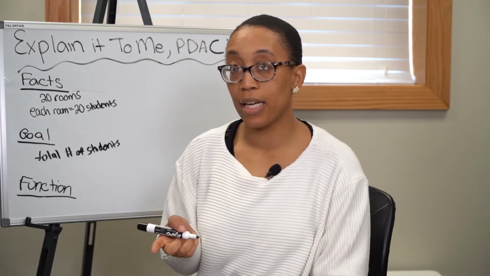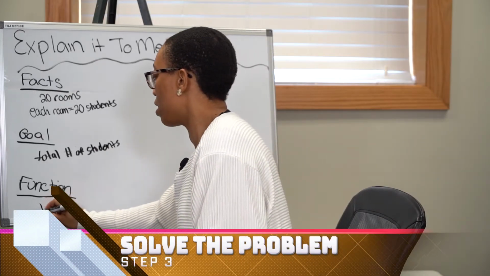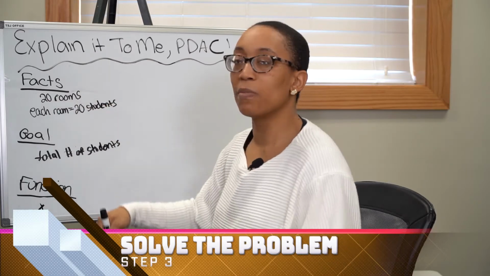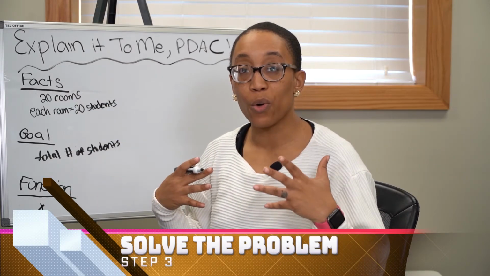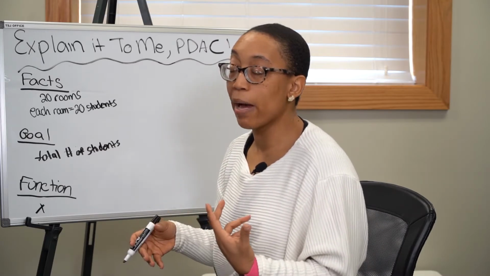And so again, like I said for the previous problem, we're in a multiplication unit, so I know we're doing multiplication. However, if you have 20 rooms and there's 20 kids in each room, the quickest way to figure out how many kids you have in total is to multiply. You could add, but that would take forever.